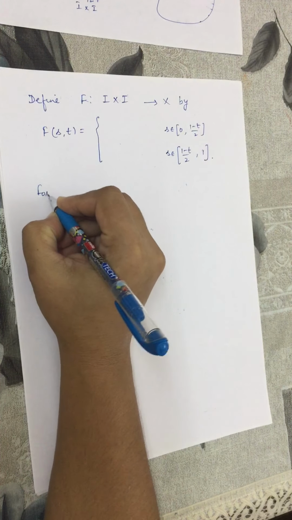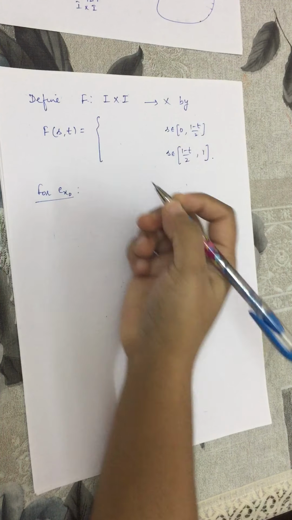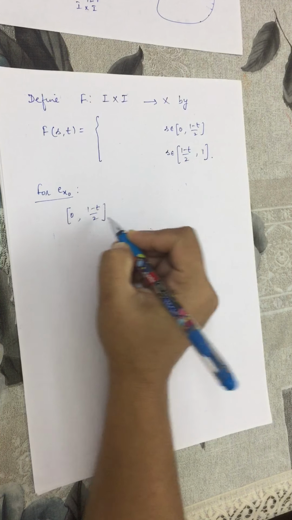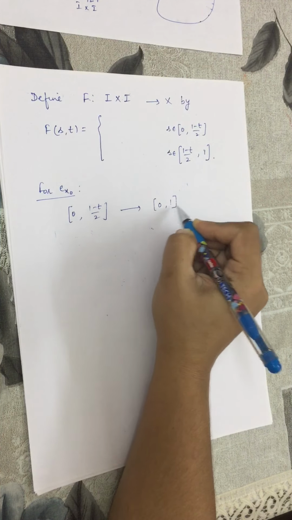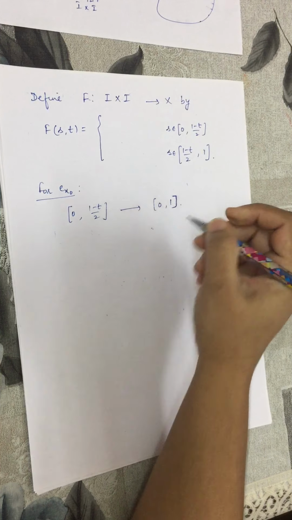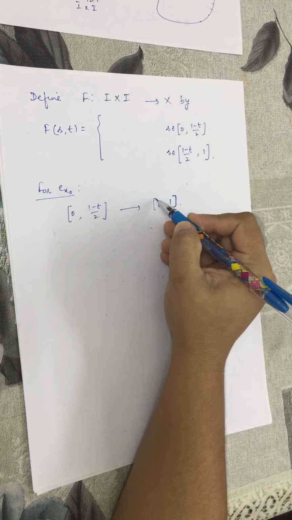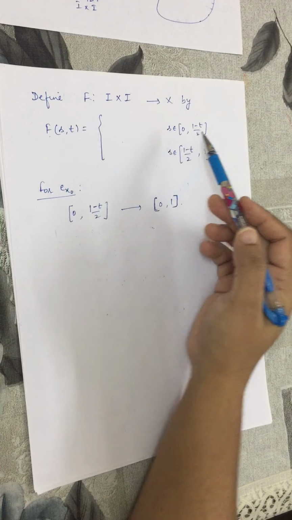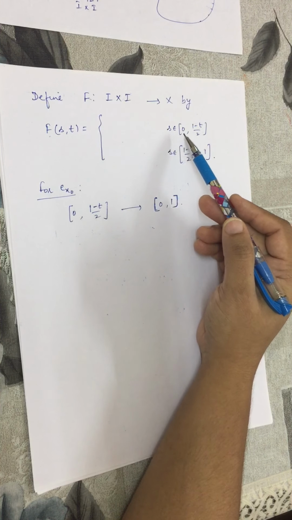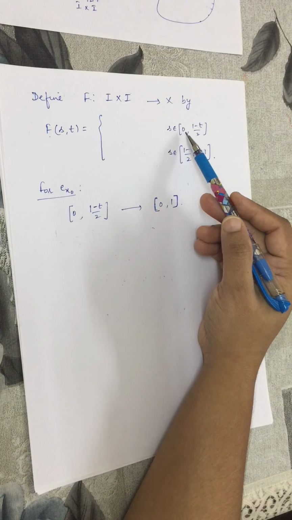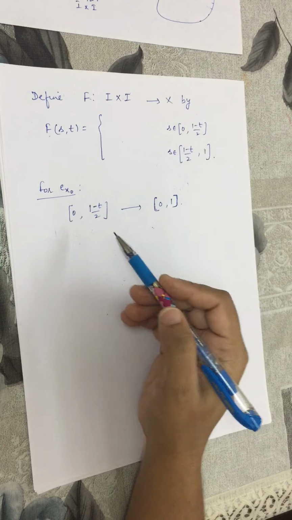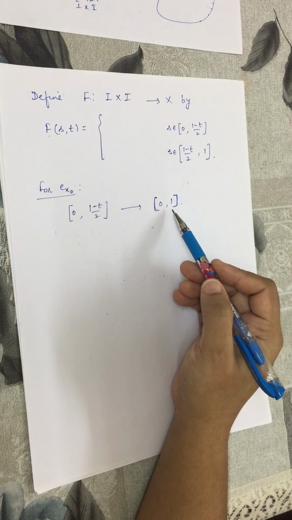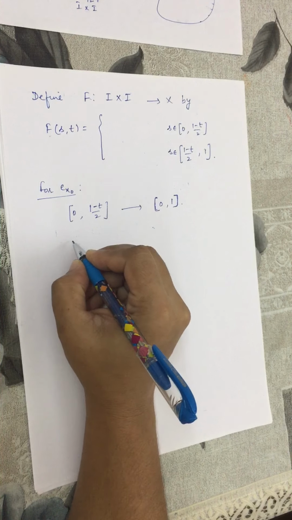So first, for this path e_x0, we map this interval 0 to (1 minus t)/2 to the interval [0,1] linearly, because we know that the domain of e_x0 is the closed interval [0,1], and we have to define F(s,t) for this interval separately, means for the values of s which lie between 0 and (1 minus t)/2. So first we have to map this interval to the interval [0,1] linearly, and that will be done like this.